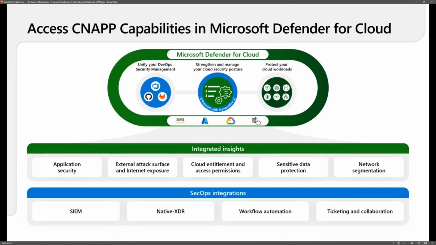Defender for Cloud is indeed a CNAPP solution, a cloud native application protection platform, that covers security posture management, workload protection, and code protection. It integrates with other solutions like application security, external attack surface, and internet exposure, with cloud entitlement and access permissions, and with sensitive data protection like Purview and network security.